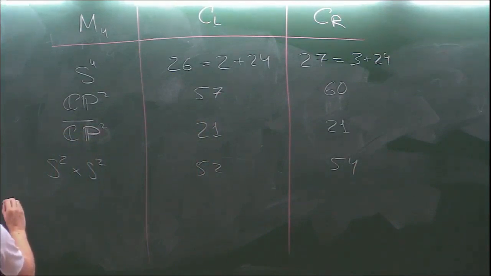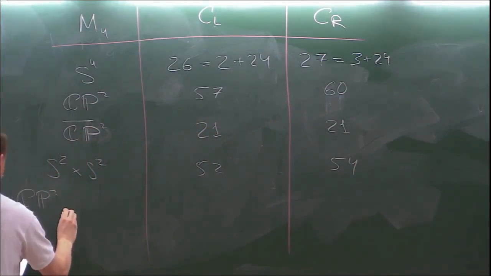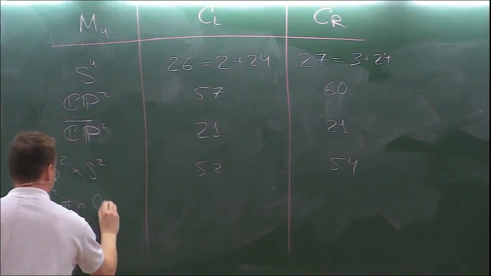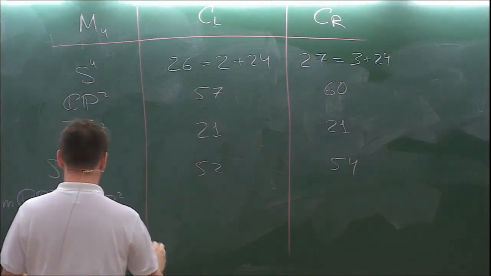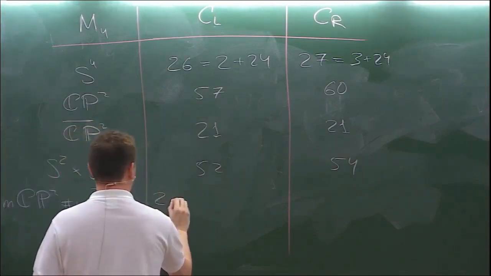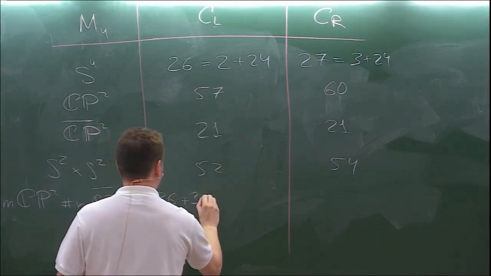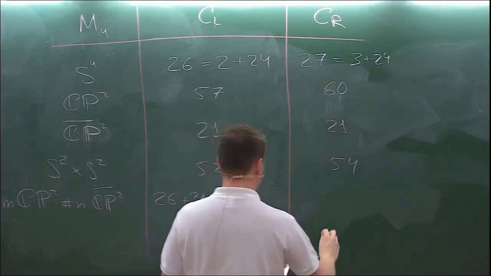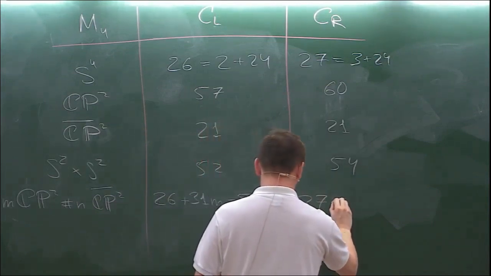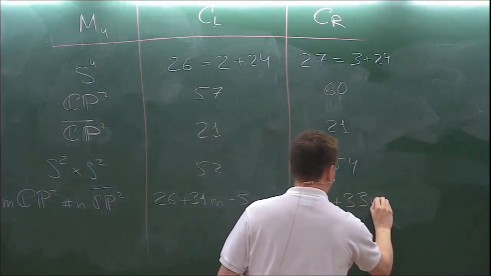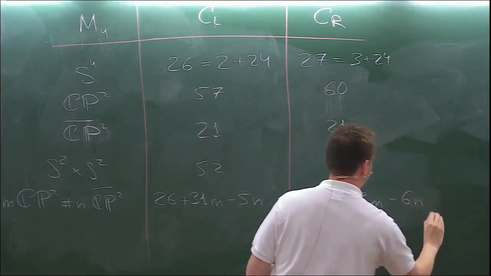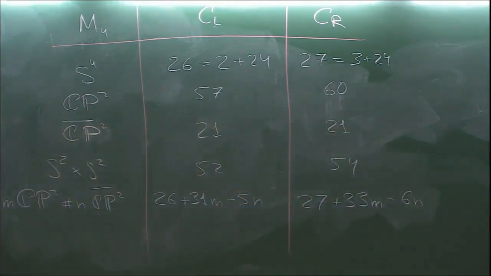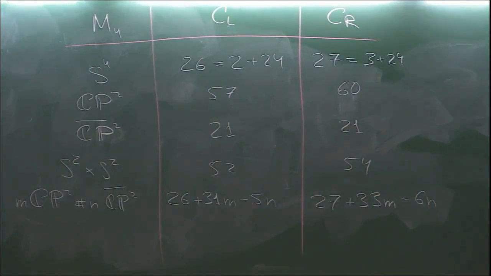If you want to consider a more general connected sum, the operation that I just explained a moment ago, of m copies of CP2 and, say, n copies of CP2 bar, then the answer will be 26 plus 31m minus 5n. And here it will be similarly 27 plus 33m minus 6n. Okay. So all of these formulas and computations are really easy.